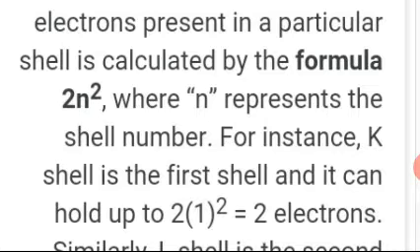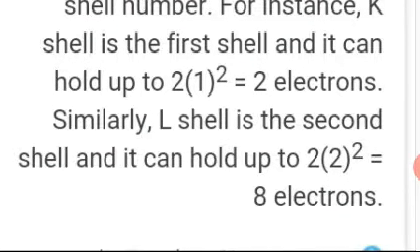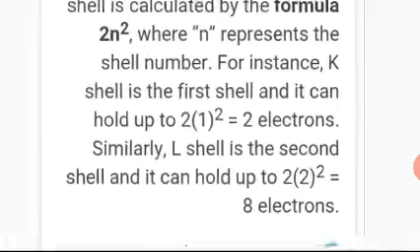Inshallah, I will explain Bohr's atomic theory later. For instance, K shell is the first shell, and it can hold 2 times 1 squared, that is 2 electrons, and L shell can accommodate 8 electrons.